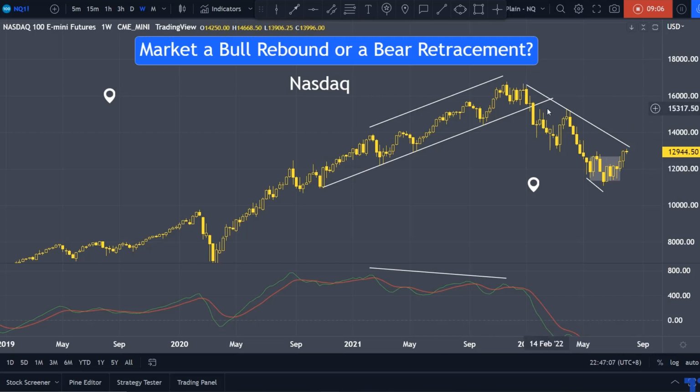Or is it a bear retracement? Based on the earlier study on this weekly chart, I think the whole market is still in a bear trend, and you could see that the channel is almost forming very nicely. If I extend this and parallel it, there'll be a downtrend channel, maybe I just need you to imagine that.